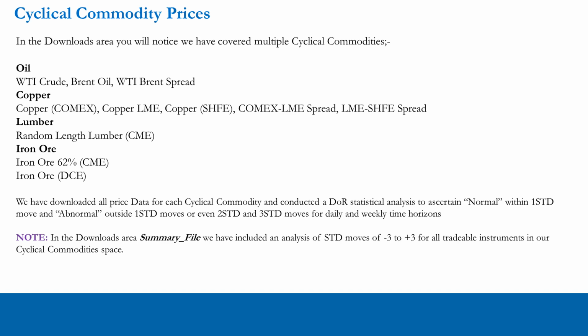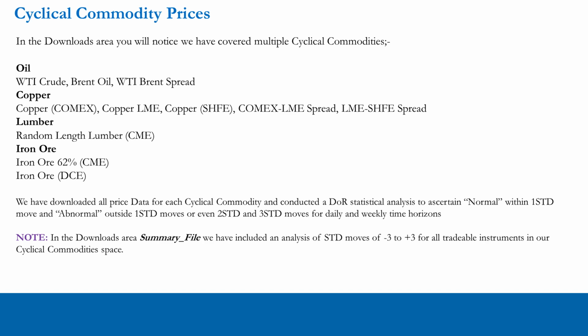For copper, there's multiple contracts that trade globally, and we've covered them all in the downloads area. So there's copper that's traded on COMEX, copper that's traded on the London Metal Exchange, copper that's traded on the Shanghai Futures Exchange, and then we're looking at various spreads. We're looking at the COMEX LME spread and the LME Shanghai spread.